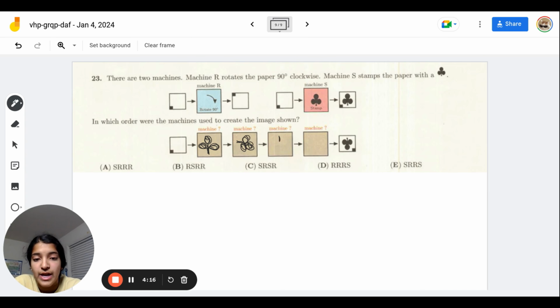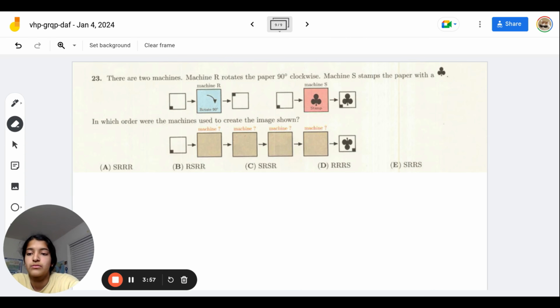And then it would be turned again. And then it would be turned one last time. But that's not the same as what we're trying to get. So it's not A. It can't be A. Okay, let's look at B.